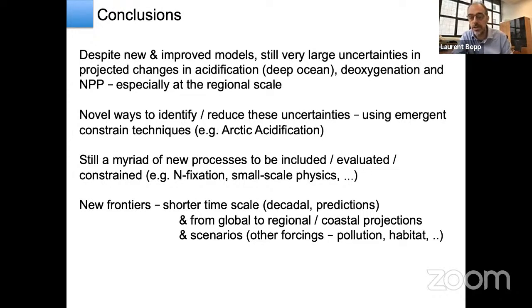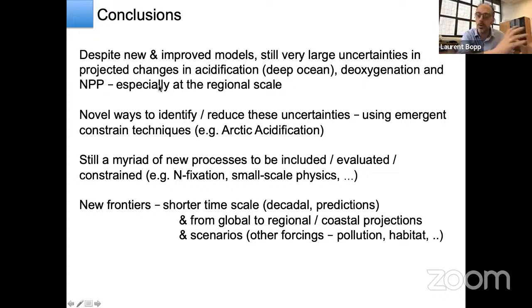So despite all this and improved models, we still have very large uncertainties, in particular on deep ocean acidification, on deoxygenation, I haven't talked a lot about that, and on NPP, especially at the regional scale.